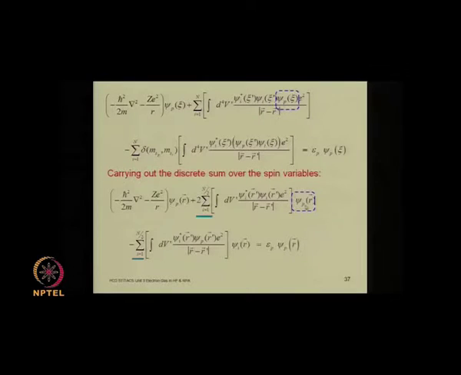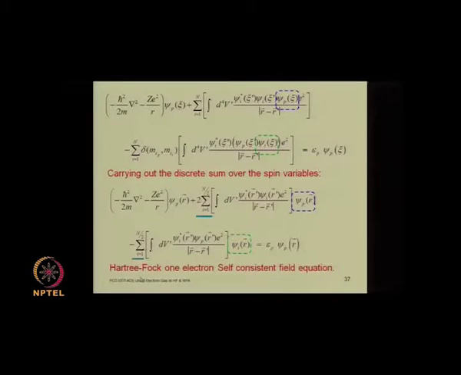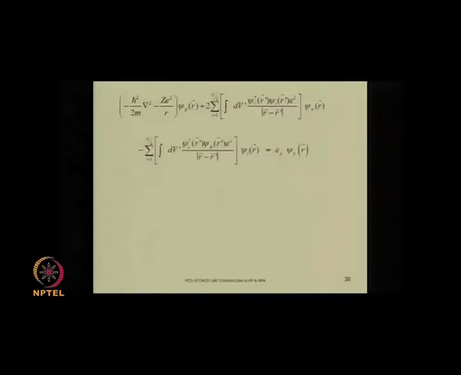So, now you have only the space coordinate, namely the position vector r, and so instead of psi p xi i I now write psi p r, okay, and likewise instead of this psi i xi i I write psi i r for exactly the same reason. So, this is our Hartree-Fock one electron self consistent field equation that we obtained very extensively in the previous course, and now it has been rewritten in the notation of the book by Reims.